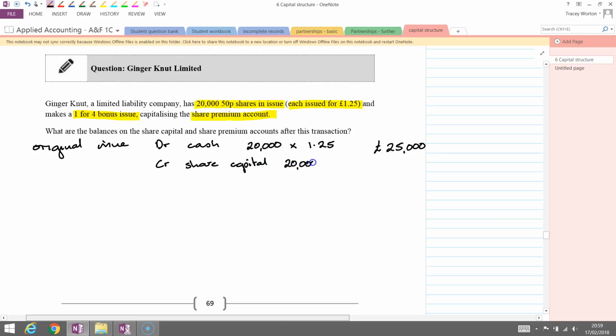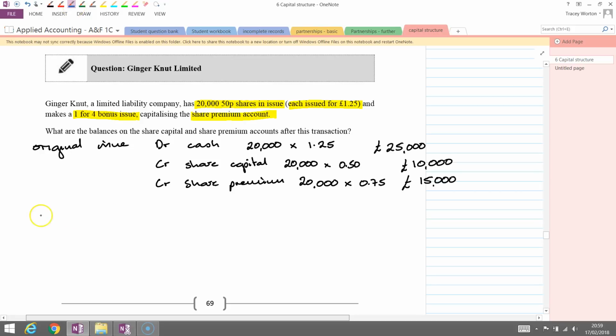So 20,000 shares at 50p, so we're going to have 10,000 credited to share capital, and then we're going to credit share premium with the balance. So 20,000 shares issued at 75p, so we're going to have 15,000 in the share premium.